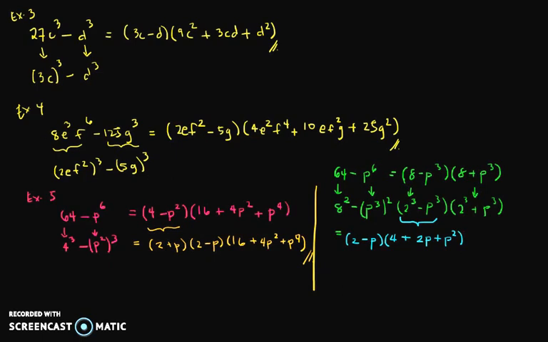Okay, so for this expression, I have here the sum of two cubes, that will be 2 plus p.